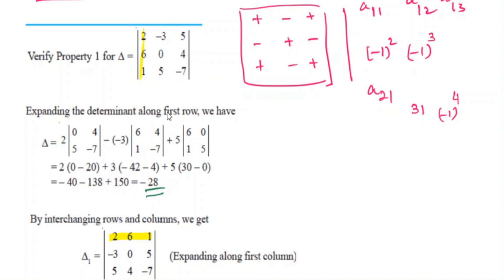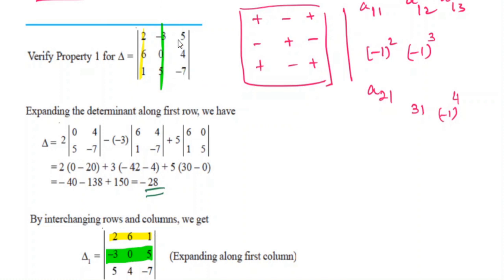Do you understand? And this is the second one. I change this into the second row. And then this is the third column that has been changed into the third row. Let me use a different color so that it will be nice for you.